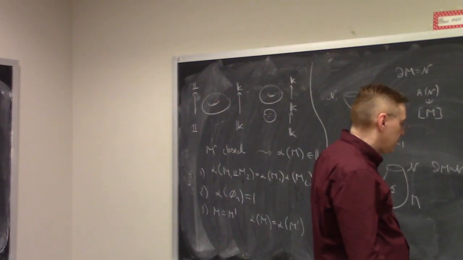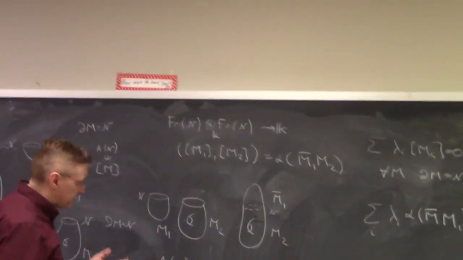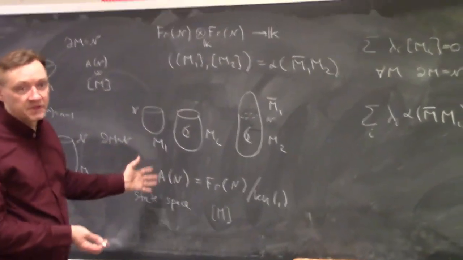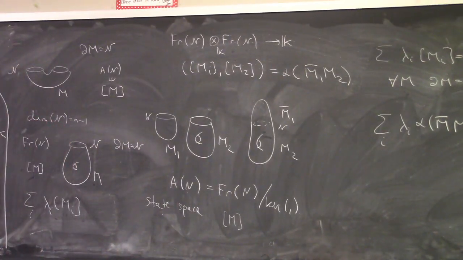Why is it a natural definition? So we claim that this has functoriality properties. Given a cobordism, it induces a map of the state spaces. So let us check that.